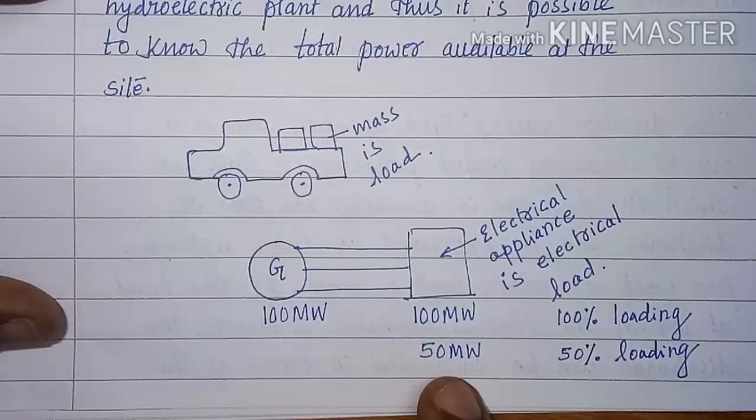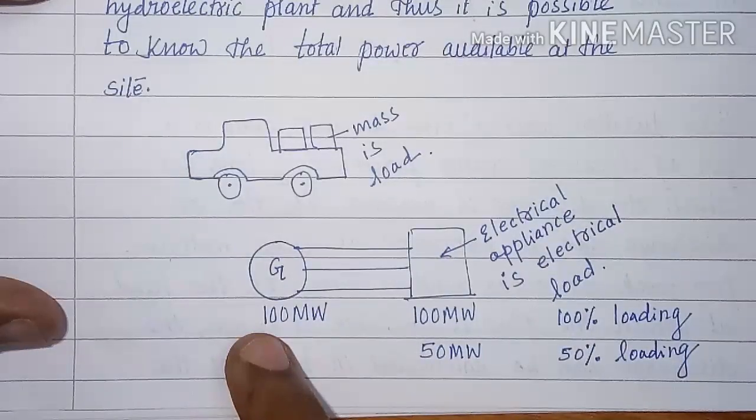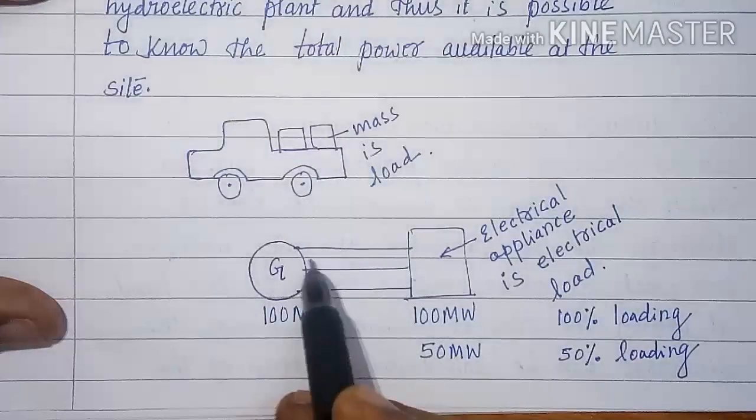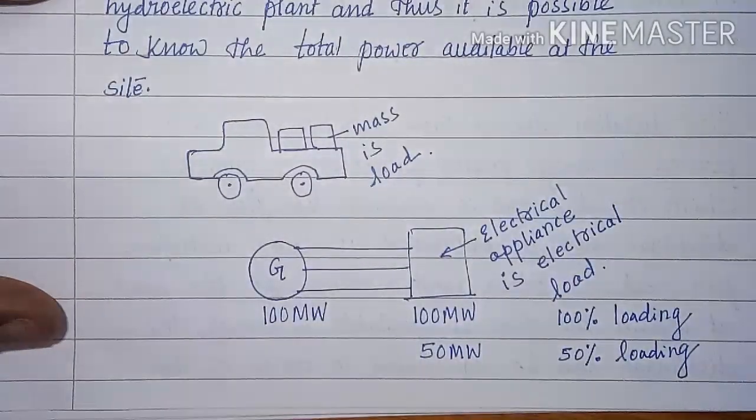So what is the meaning of load here now? Load means the power being consumed by an appliance, and how much power is consumed by any appliance, that much of power will be generated by generator along with the losses in the transmission line.